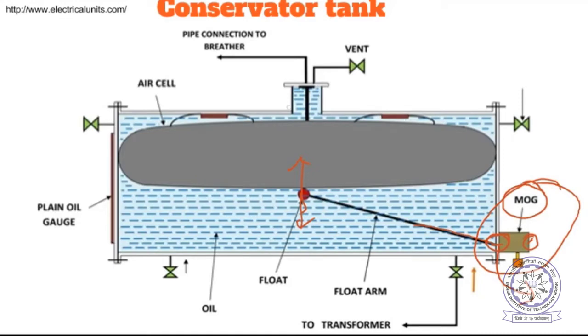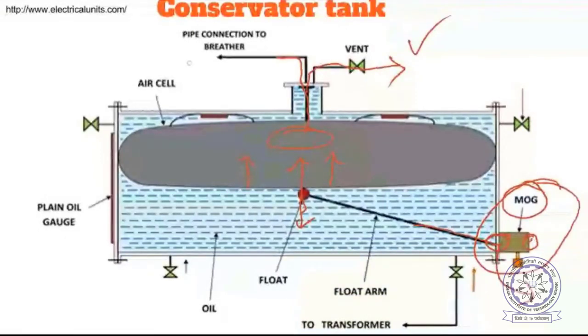And here you can see, whenever this level rises, then this air will be pushed out through this vent. Whenever air is going out, that need not be purified, right? So that will go through the vent only, outside.